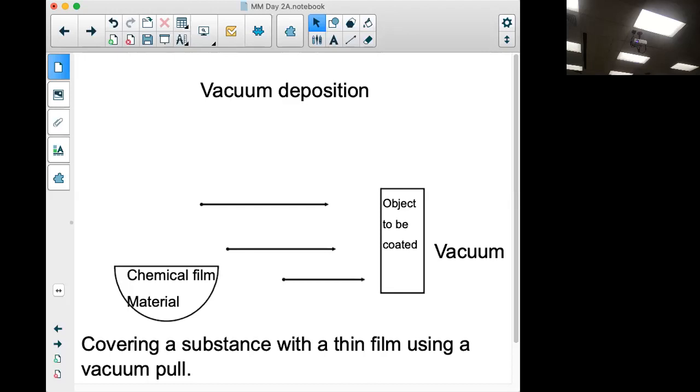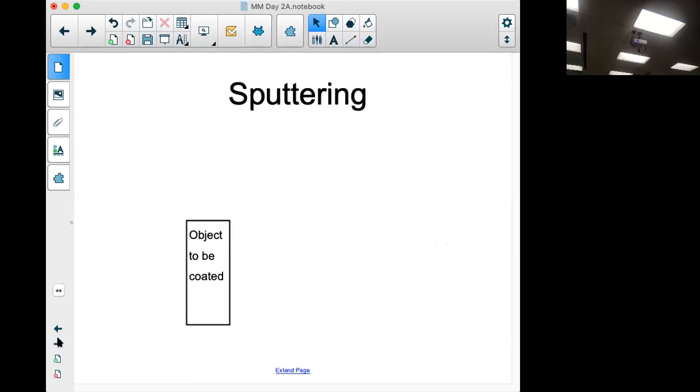Okay. Second type is called sputter. Okay. So in sputtering, again, we take the object that was decoded, and we're going to electrify it. Now, when we electrify it, it's become what charge? Positive or negative? Negative. Electrons are negative. So electrify it becomes negative in charge.